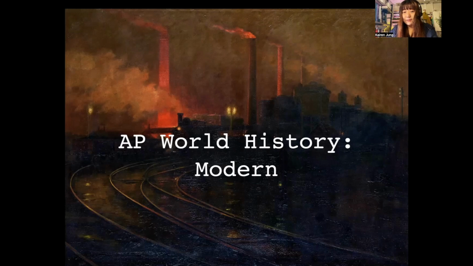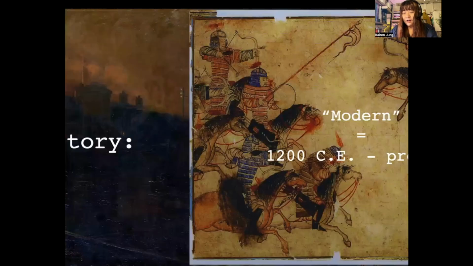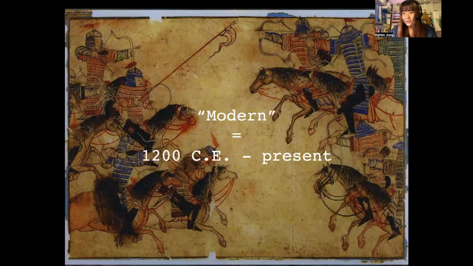Let's continue. This is AP World History, the Modern Period. Now, as you know, the College Board made some changes a couple of years ago to how they define what it means to be modern. According to the College Board, this spans 1200 CE to the present.